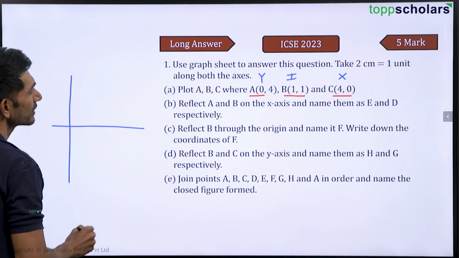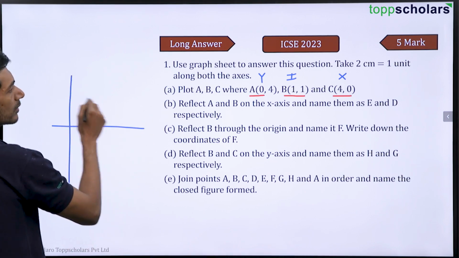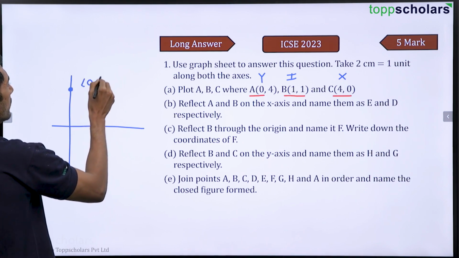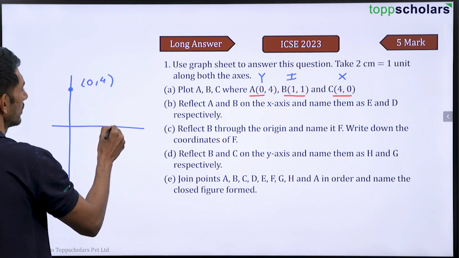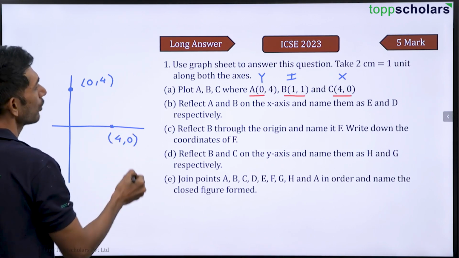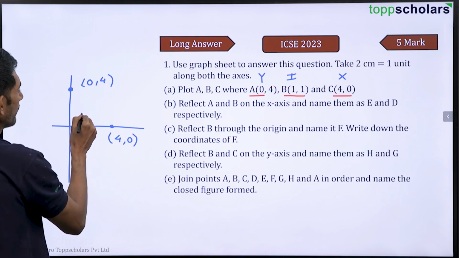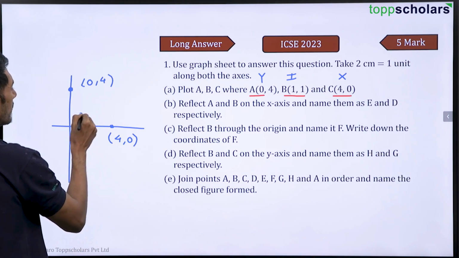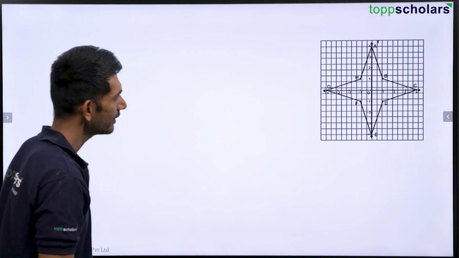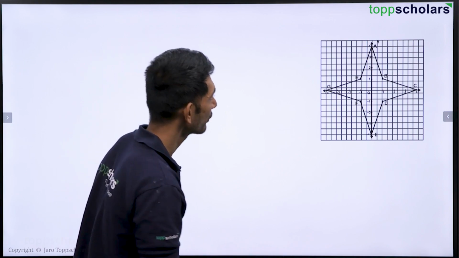So the graph is going to look simple because 0, 4 is over here. This is 0, 4. This is 4, 0. And here we have 1, 1. So maybe a triangle something like this is going to be there. If we join it, of course.